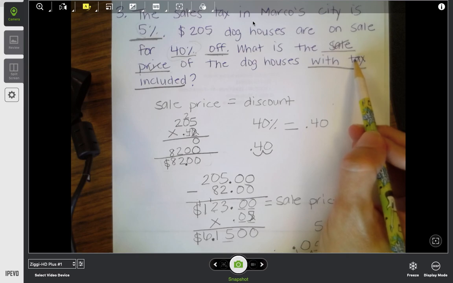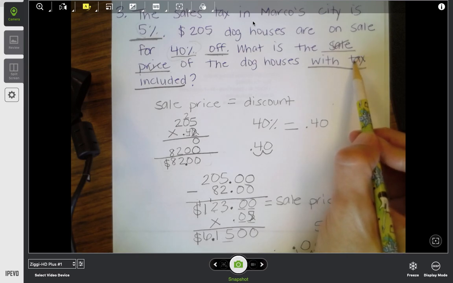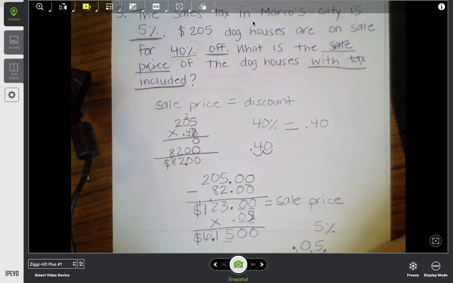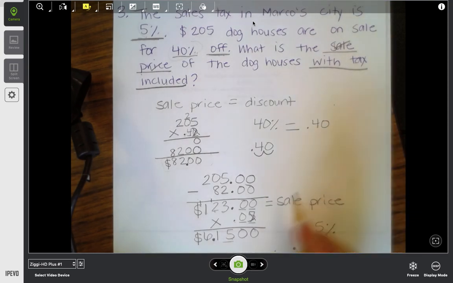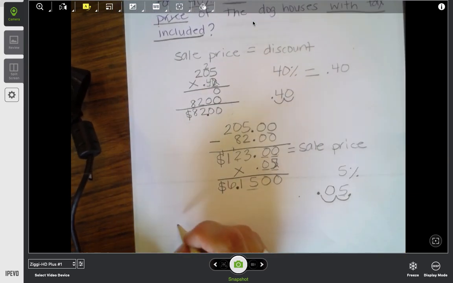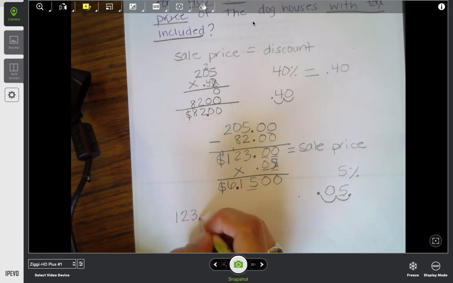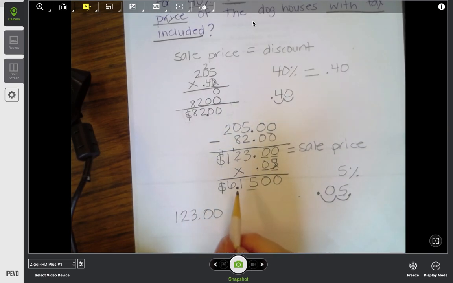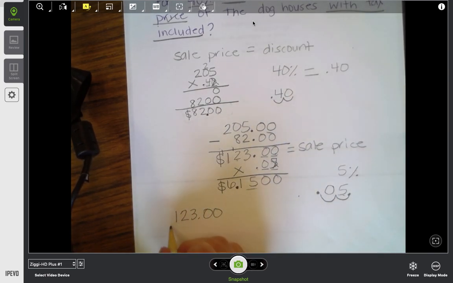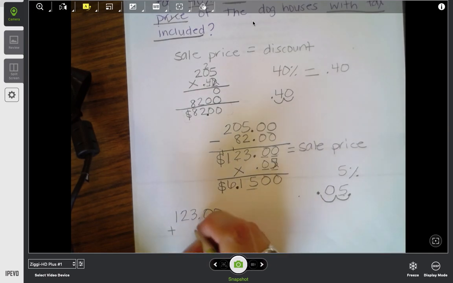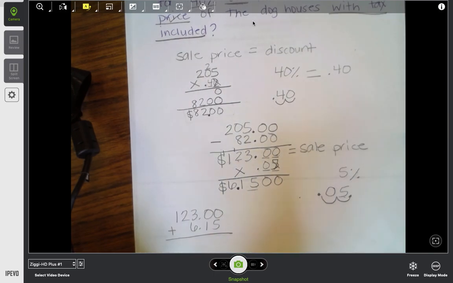Now, I know my sale price. I know how much I'm paying with tax, but I have to find the price of both of those together. So if I'm combining them, I'm going to be adding. So I need to add the sale price of my doghouse, which is $123, and I need to add my $6.15 in sales tax. And I'm going to make sure that I'm lining my decimals up because I'm adding.